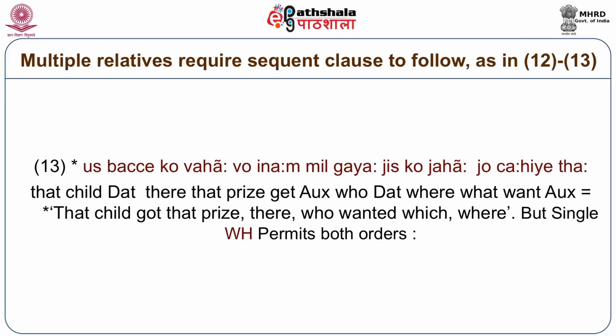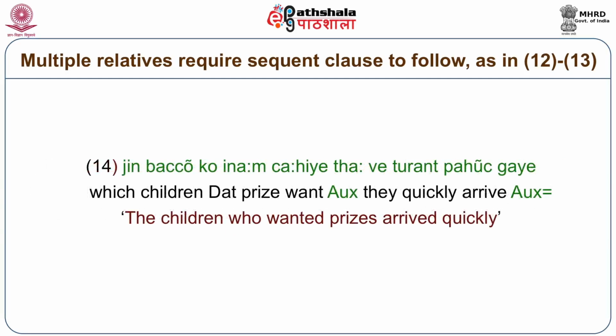However, if you have a single relative phrase involved, as in sentence 14, the children who wanted prizes arrived quickly in the correlative format, जिन बच्चों को इनाम चाहिए था वे तुरंत पहुँच गए.